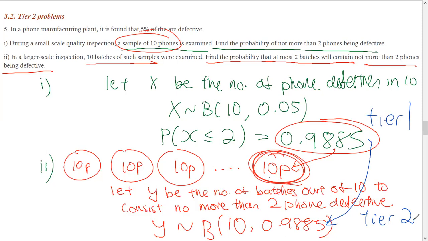So what they want here is the probability of y less than or equal to 2.